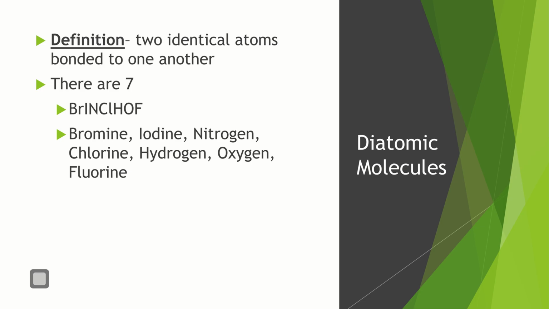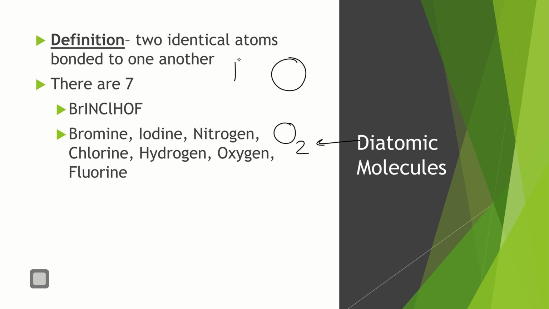There are 7 elements on the periodic table that if we mention them, you can see some of them over there, oxygen, you will never find a lone oxygen atom. You won't find just O all by itself. What we mean by diatomic is O will always be O2. Oxygen will always be O2. You will never find oxygen alone.